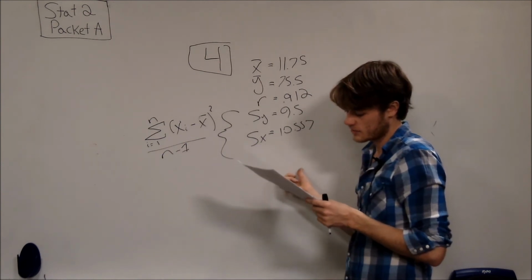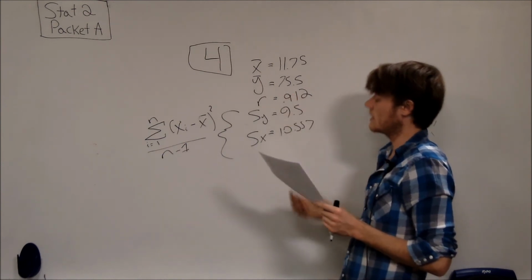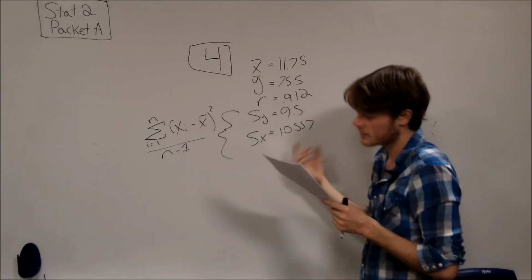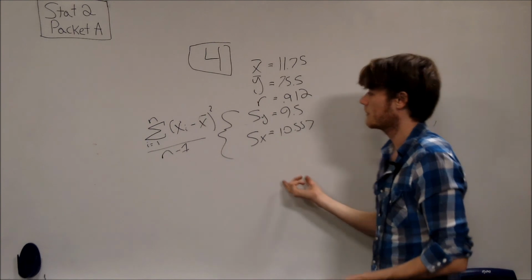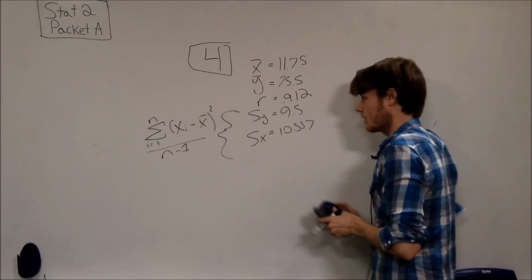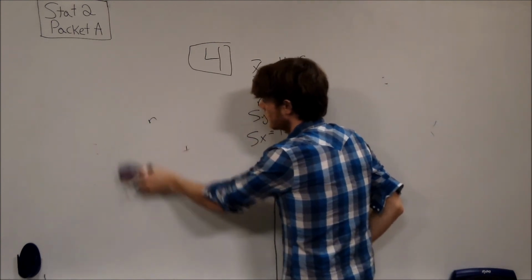Okay, and if you want to find SY, you do 65 minus 75.5 squared plus 70 minus 75.5 squared, 20 times. But I did that for you because I'm not going to have you subtract 20 things and square them and add them all up.